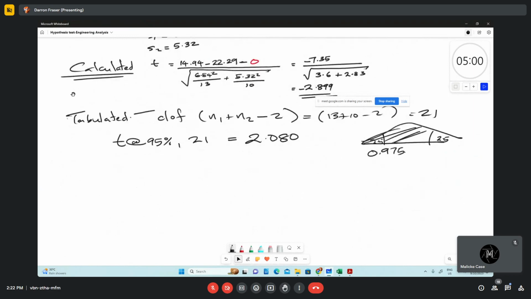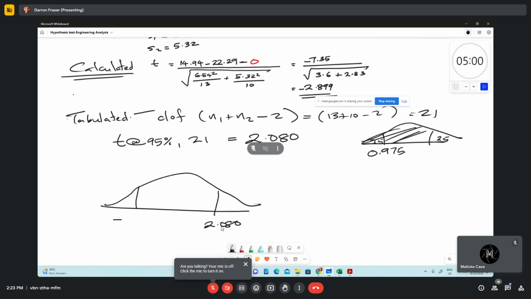So our borders are 2.080 and negative 2.080, with H0 in the middle here, and over here is our HA. Now our 2.899 falls over here.